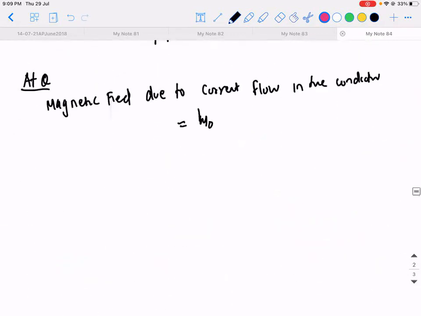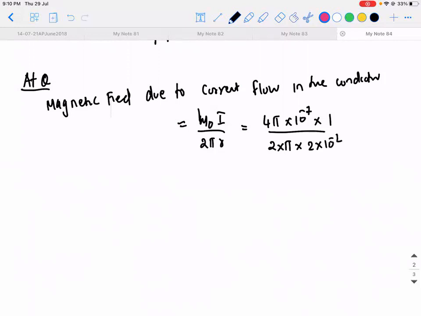The same equation will apply here. That is 4 pi into 10 to the power of minus 7 into current 1 ampere, divided by 2 pi into 2 into 10 to the power of minus 2. So we'll get again 10 to the power of minus 5.